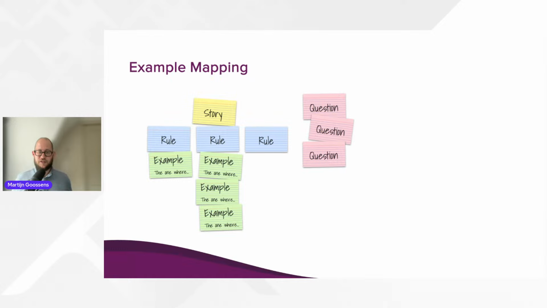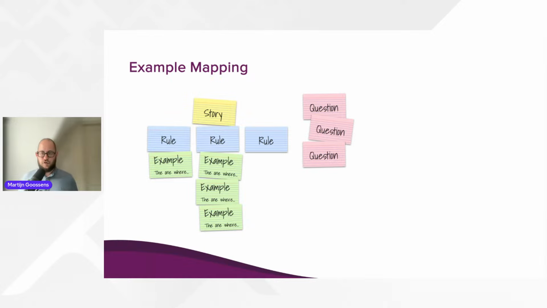Every episode started with a title, the one where this and this happened, the one where Joey kicks out Rachel. I don't know. But in our use case of free shipping, it could be the one where the order value is 15 euros or where the order value is 25 euros. Then we will get free shipping. So that's an example to our rule of free shipping.